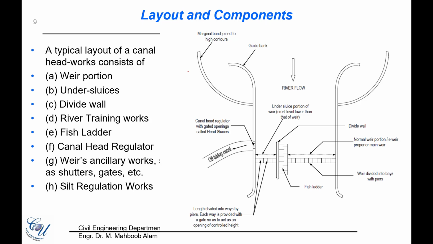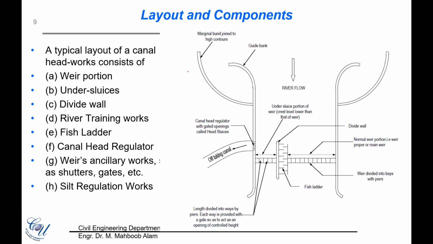We have a weir portion, where either we install or erect a weir or a barrage. Then we have undersluices. These undersluices make sure that the water that is entering the canal or the channel is silt free, or mostly it is entering into the channel in a regulated way.